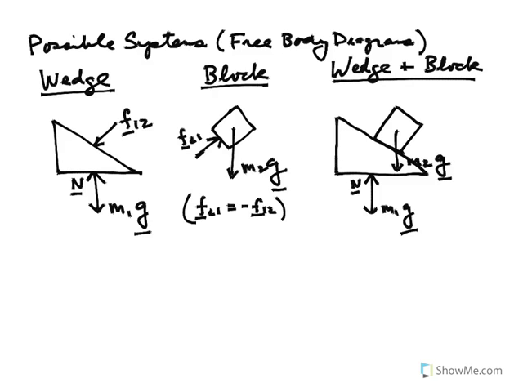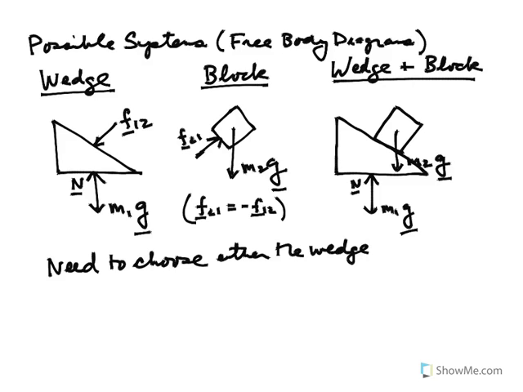So this is where systems of particles becomes a little bit tricky, is that we need to choose from the following free body diagrams. We need to choose either the wedge or the block, and use the system.